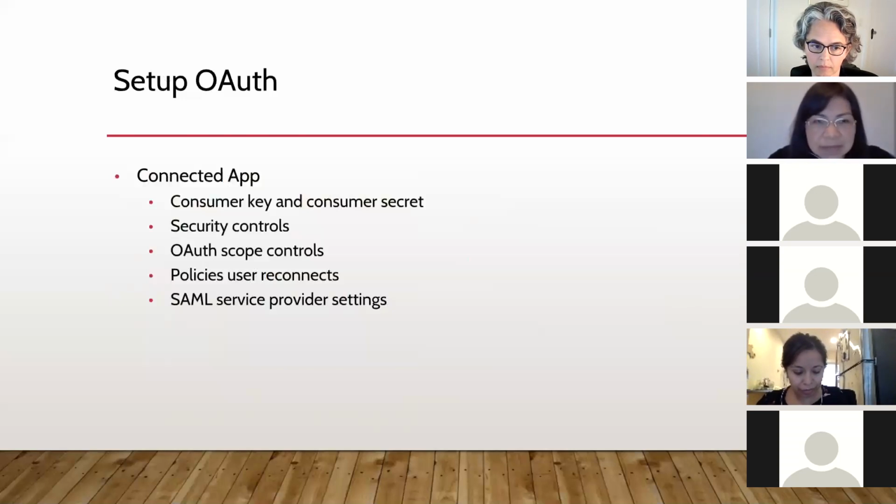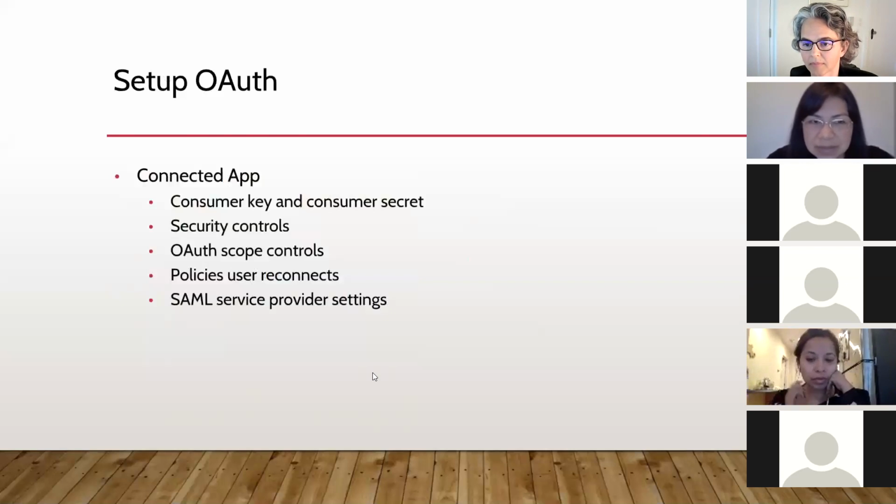Also some policies for the user when he wants to reconnect. And for example, if you're going to use a SAML service, you can also define the settings here. So basically, the connected app is like the source of truth, let's say, that keeps all the settings that your client is going to use in order to connect to your server.